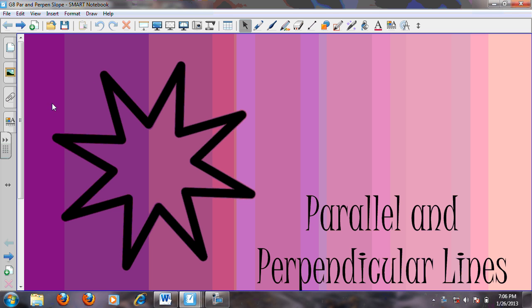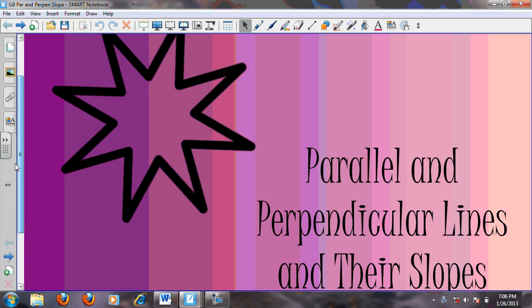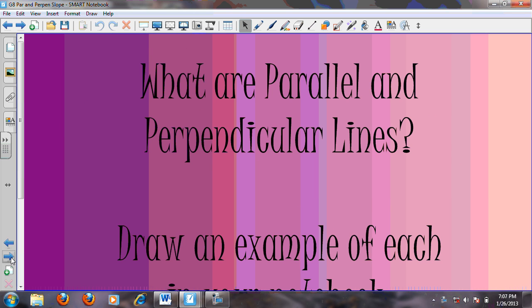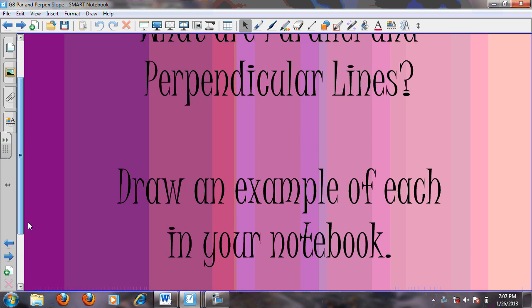For our lesson today, our first video, we're talking about parallel and perpendicular lines and their slopes. First of all, what are parallel and perpendicular lines? Do you remember?